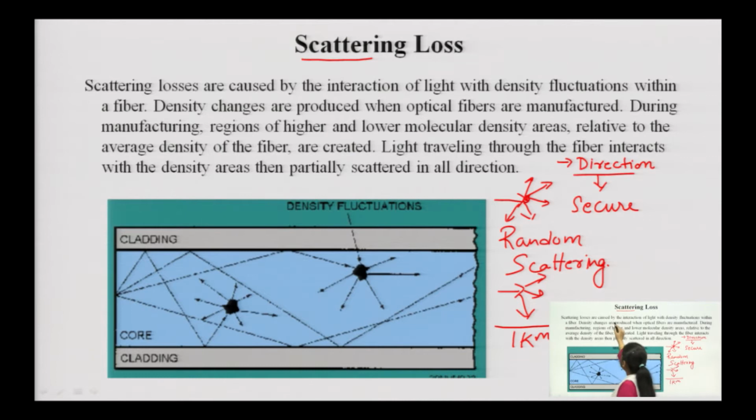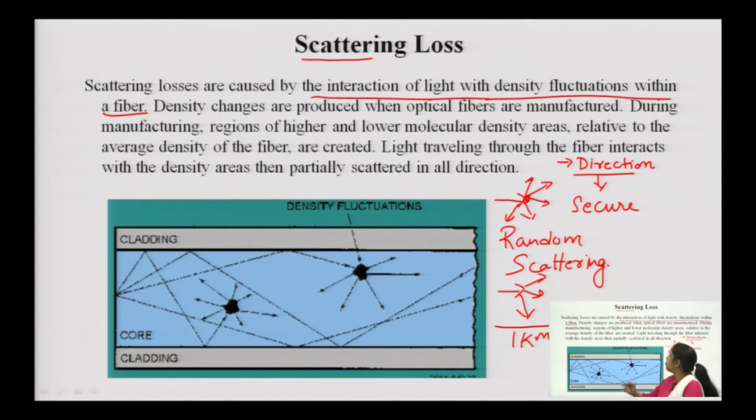Scattering losses are caused by the interaction of light with density fluctuations within a fiber. As already discussed, whenever some obstacle comes in the path of a ray of light or any signal, it gets scattered. The same thing happens in scattering loss in optical communication.